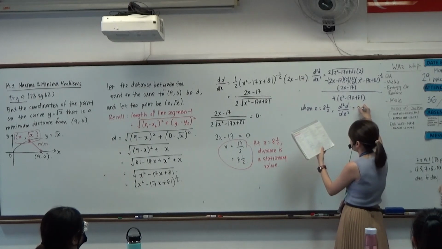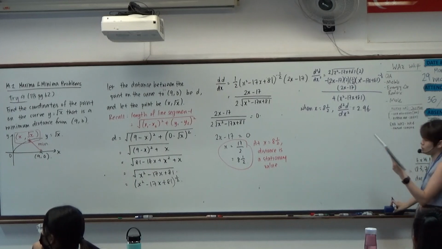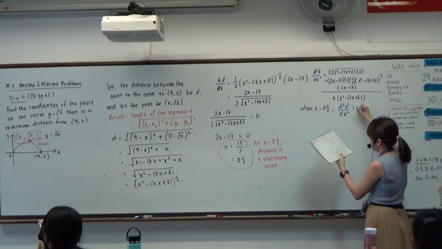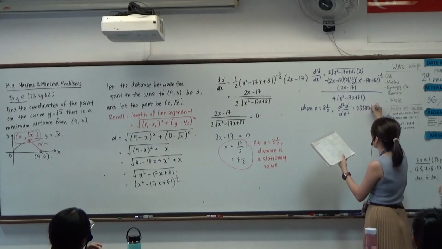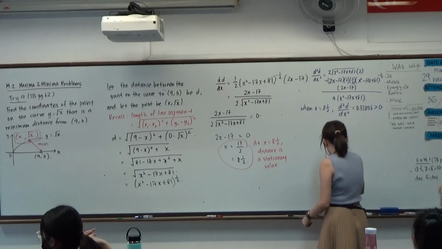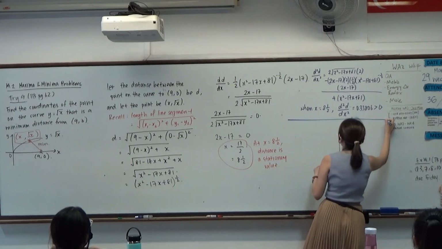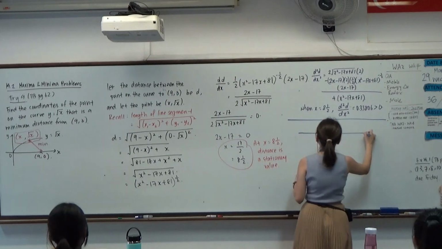It will get you 2.96. Wait, sorry, no, 0.33806. And that is positive. This is if you want to use your second derivative test. If we use our first derivative test, it is definitely much easier.